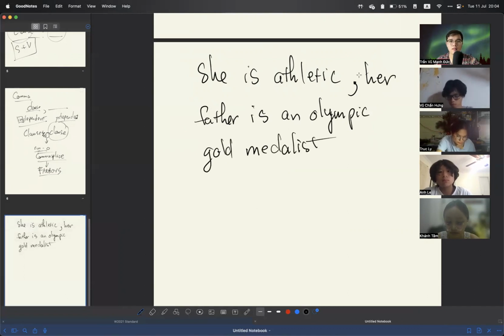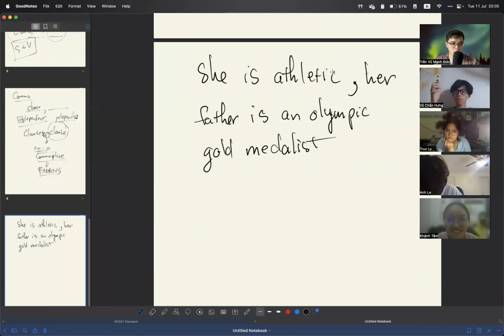All right. Is this correct? Is it or is it not? It isn't a correct sentence because it is a run on. Yes, exactly. It is a run on. All right. So how can you fix it?